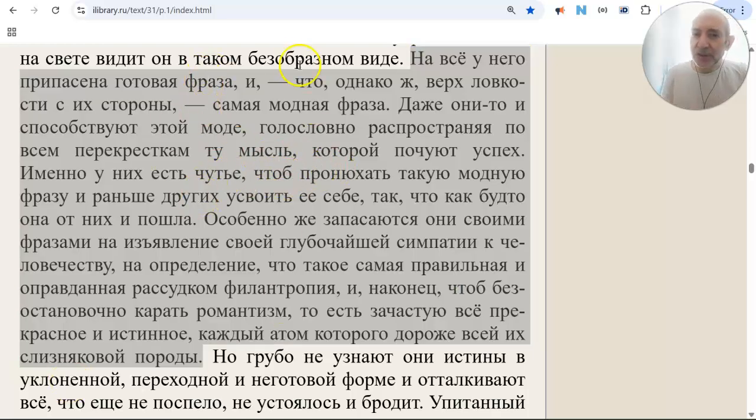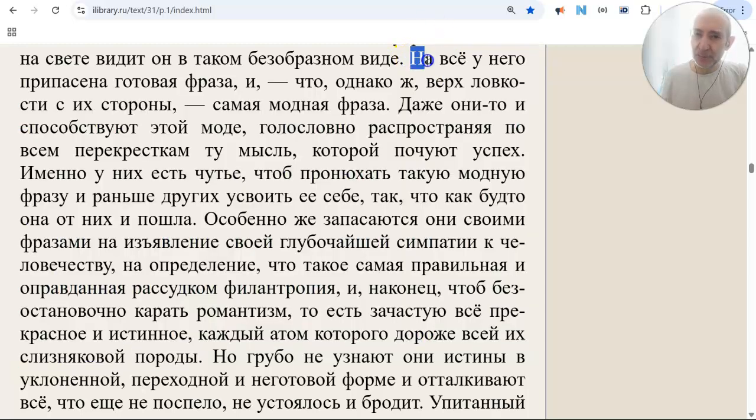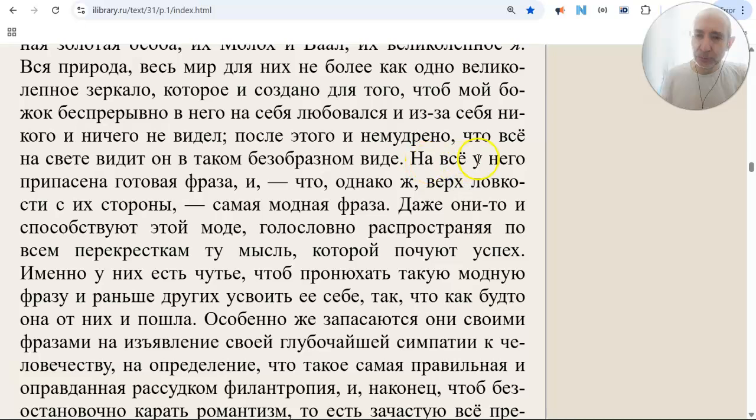Okay, let's go over the text. So first of all, let's read the first sentence. На все у него припасена готовая фраза. И что, однако ж, верх ловкости с их стороны – самая модная фраза. So на все means for everything. На все. У него припасена. So he has. Припасена means saved. Готовая фраза.